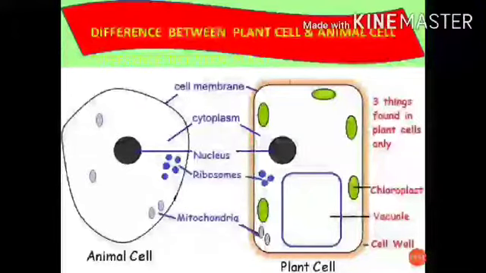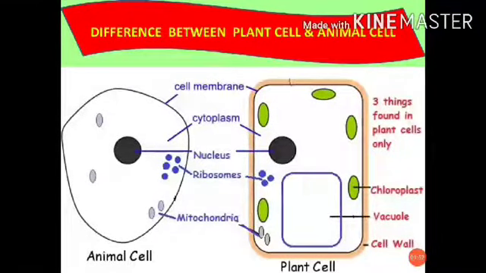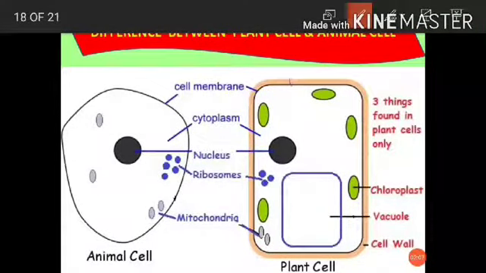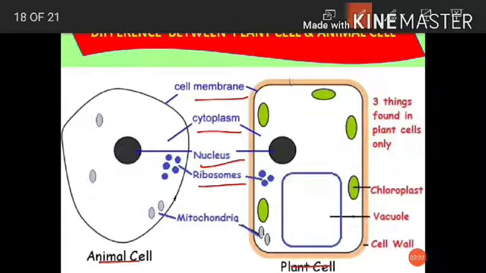Now you have seen different cell organelles. Now you will see the major differences between plant cell and animal cell. This is a simple diagram of plant and animal cell. Let's first see what is similarity between them. In animal cell and plant cell, both of them cell membrane is present, cytoplasm is present, nucleus is present, ribosomes are present, mitochondria is present.